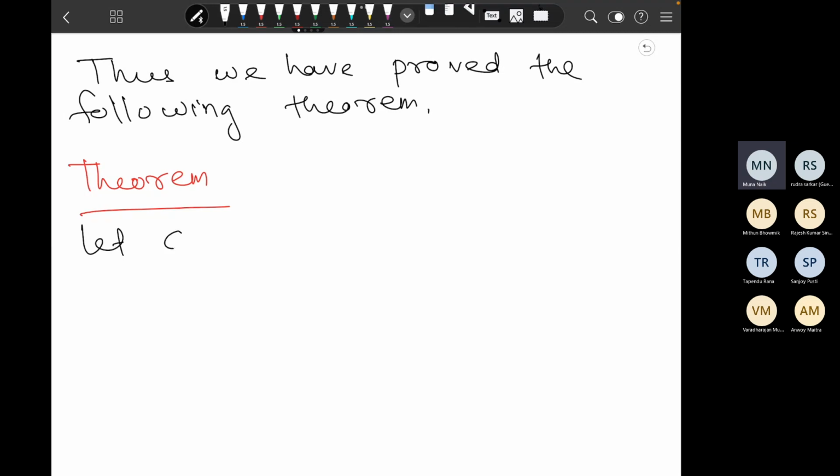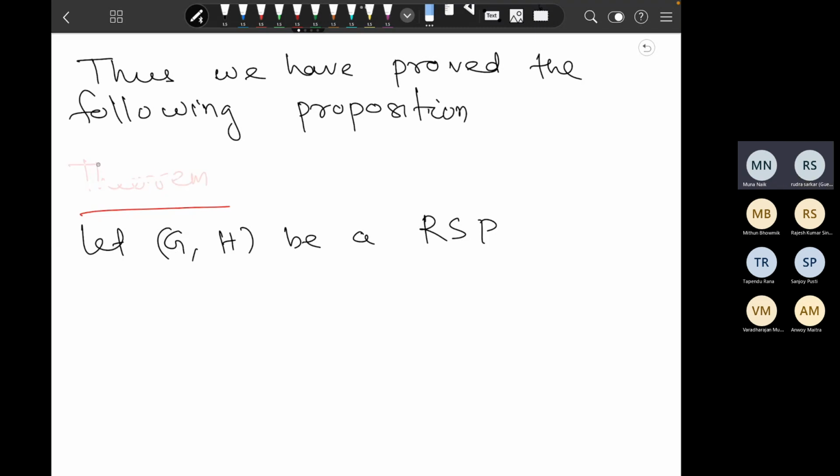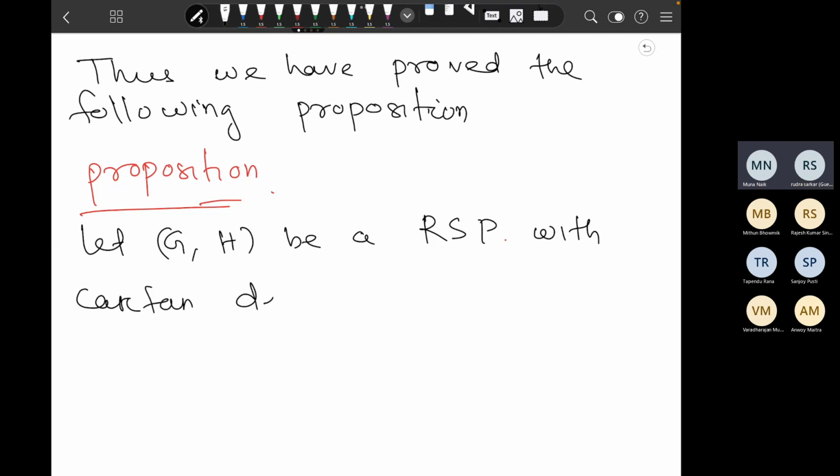Let (G, H) be a Riemannian symmetric pair with Cartan decomposition g = k plus p.